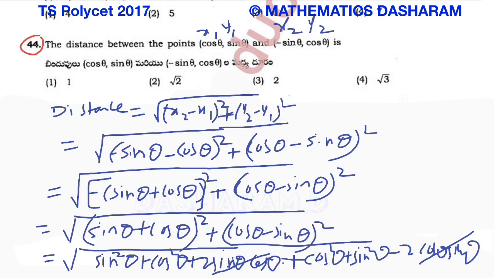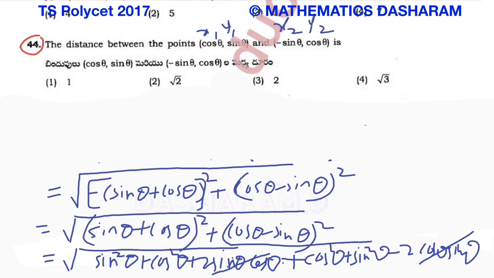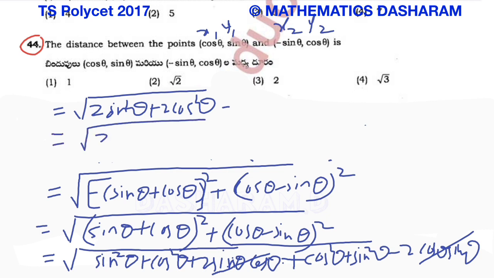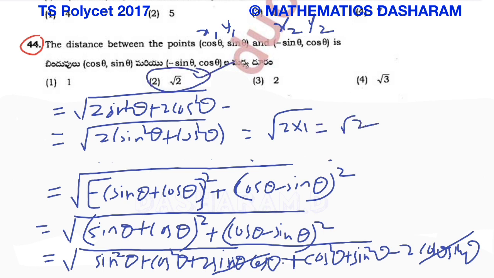So sin square theta twice is 2 sin square theta, cos square theta twice is 2 cos square theta. So it is equal to under root 2 sin square theta plus 2 cos square theta. Now take the 2 common: 2 bracket of sin square theta plus cos square theta. So under root 2 into, it is one of the identities, its answer is 1. So root 2, option 2 is correct.